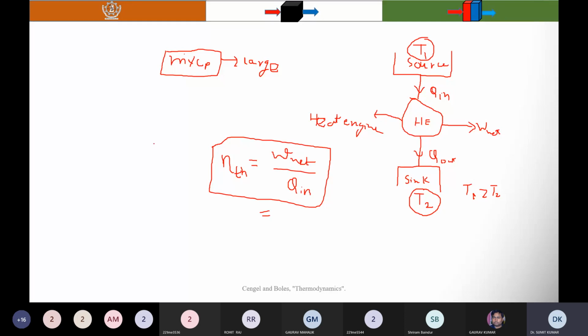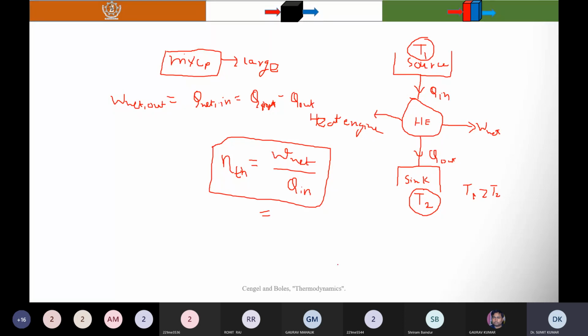If you remember, for a cyclic device the change in internal energy, or change in total energy, is 0. As I discussed in the last lecture, net work is equal to the net heat supplied, that is Q in minus Q out, the net heat transfer to the system.